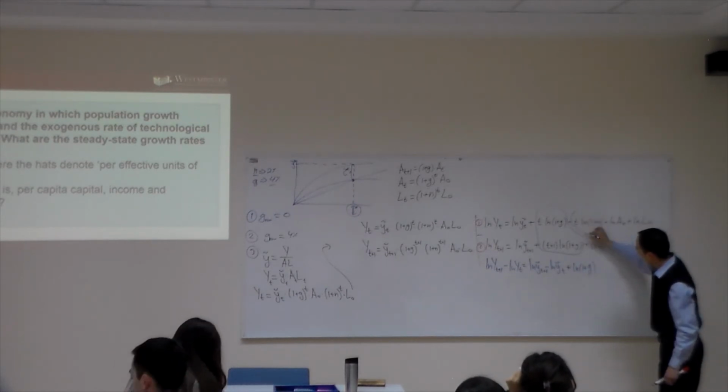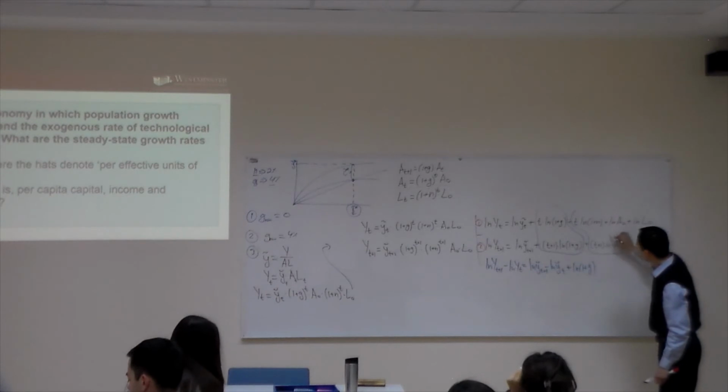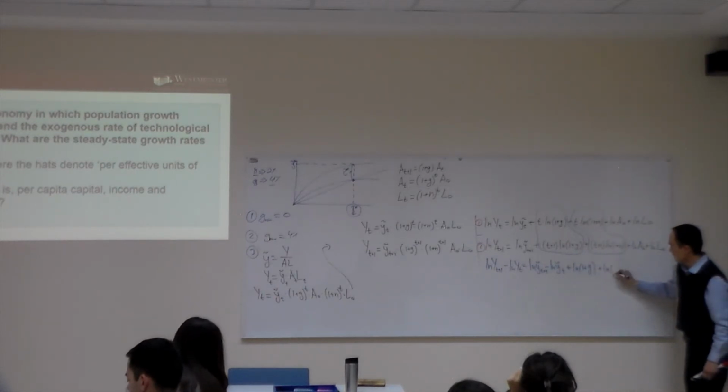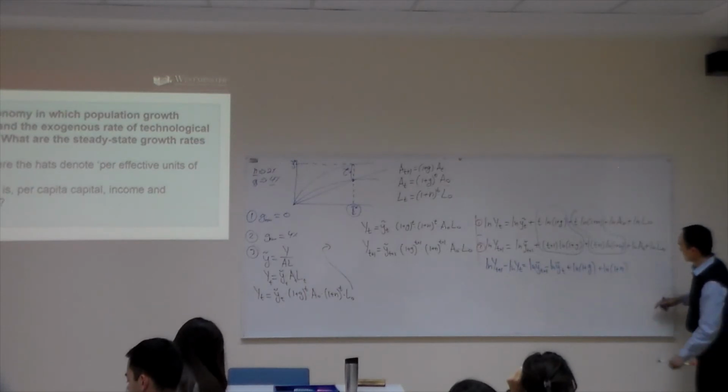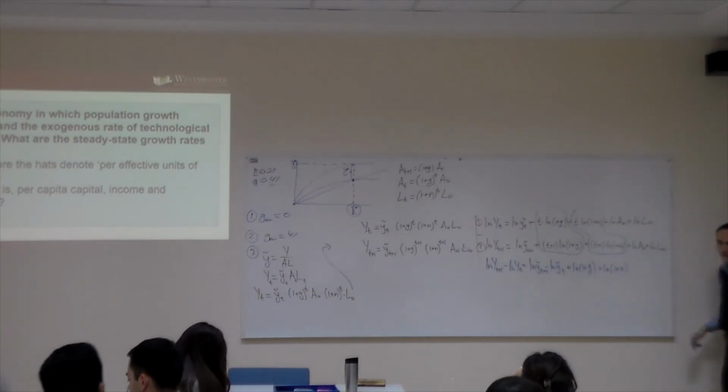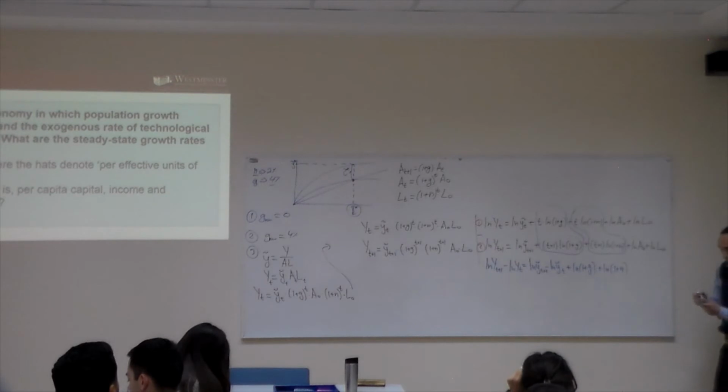If I subtract these two, it will give us plus ln(1+n). ln A0 minus ln A0 is 0. This one is also 0. Okay? What we have left is all this.